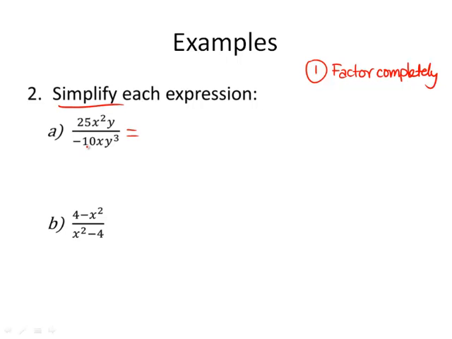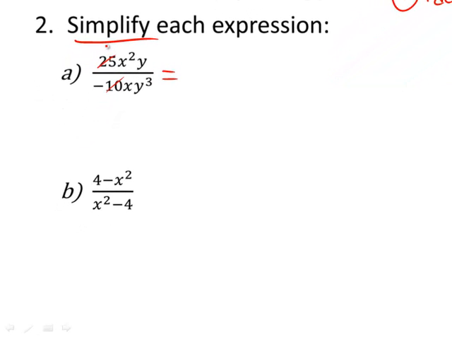So 25 over 10 can simplify by dividing by the common factor of 5, leaving us with 5 over 2. Then we have x to the power of 2 over x to the power of 1, leaving us with an x on top. And we have a y and 3 y's in the bottom, leaving us with 2 y's in the bottom.